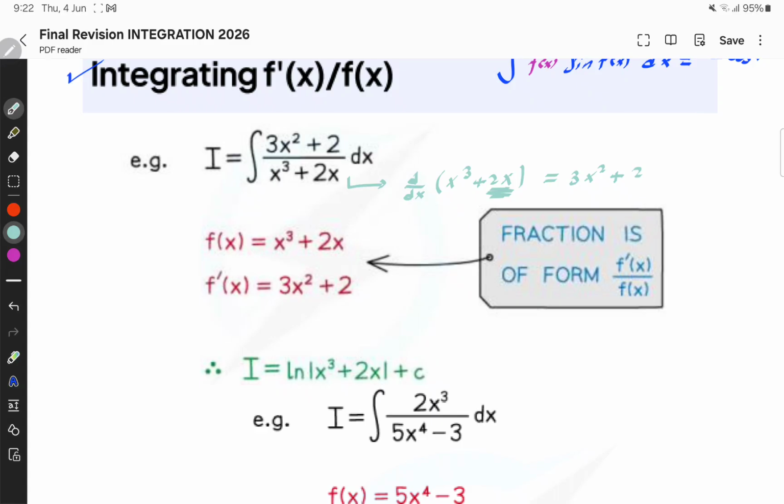Compare. We have the same expression up, so that is f prime over f. So the answer directly will be ln of the modulus of the denominator x cubed plus 2x, all of that plus c.